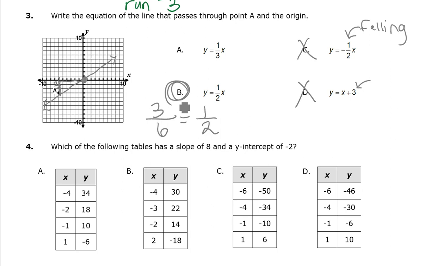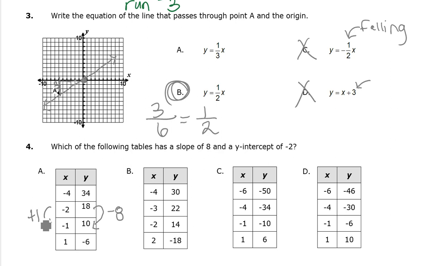Number 4, which of the following tables has a slope of 8 and a y-intercept of -2? Okay, so let's start with my slope of 8. If I look at my first table here, I can see that my y value decreases by 8 and my x value is increasing by 1.